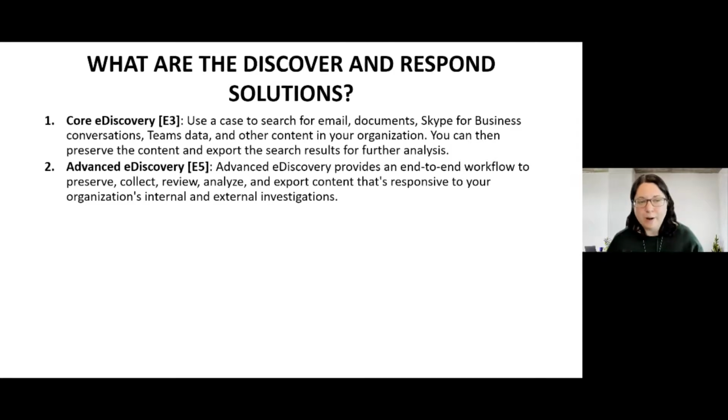There's a more lightweight version in the E3 license that allows you to do those three things. And then the E5 advanced eDiscovery solution is extremely powerful. I could give a whole half-day workshop just on this tool, but it allows you to do some additional analysis on the data, to cull it or reduce the volume of information that you're exporting so that it's more relevant to what you're doing.